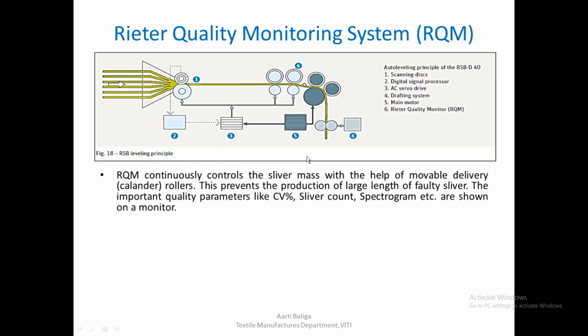But there was one more monitoring system over here, number 6, which is called the Reiter Quality Monitoring, or RQM, which is there after the drafting system. And let us see how this works.